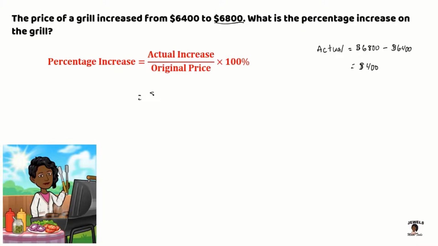So I'm going to have my $400 over the original price of $6,400, and that will be multiplied by my 100%. And again, I'm going to write that over 1. So I'm going to be dividing my 400 by 400, and I'll divide my 6,400 also by 400, and 400 divides into itself once, and 6,400 when divided by 400 is 16.